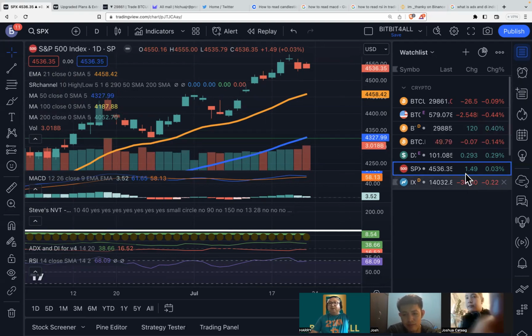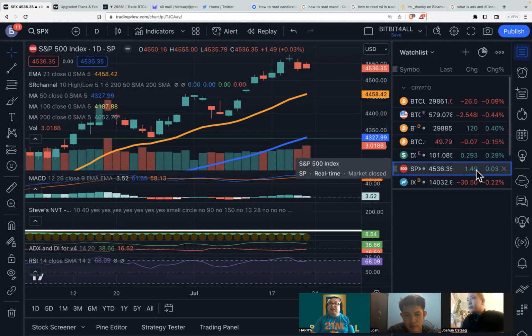So, S&P 500, i-add nyo rin yan because that's the traditional market. Kasi ano yan, very, very good indicator saan pupunta ang market. So, this is mga top companies all over the world, including tech companies like Amazon, Apple, kung ano pa. So kung ano yung movement nila, usually, ganun din ang movement ng market.